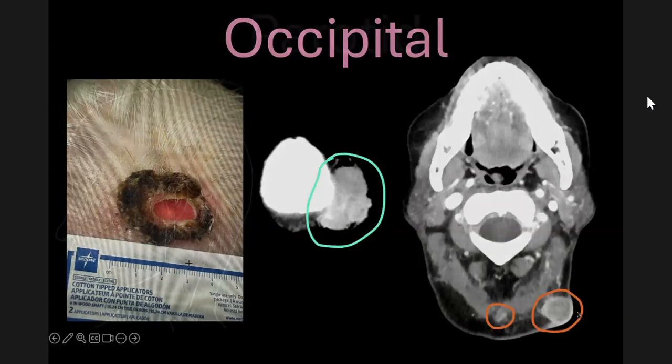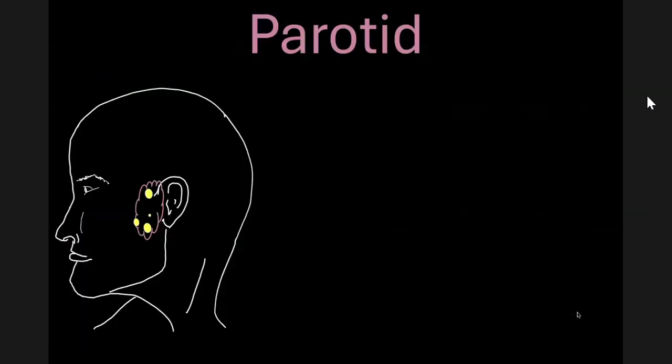Then parotid lymph nodes, again, you can have intraparotid, periparotid lymph nodes. Lymph nodes in the head and neck actually develop before the development of the parotid gland. And when the parotid gland develops, it envelops or engulfs all these lymph nodes that are already developed in the head and neck. And that's why you have so many intraparotid and periparotid lymph nodes.